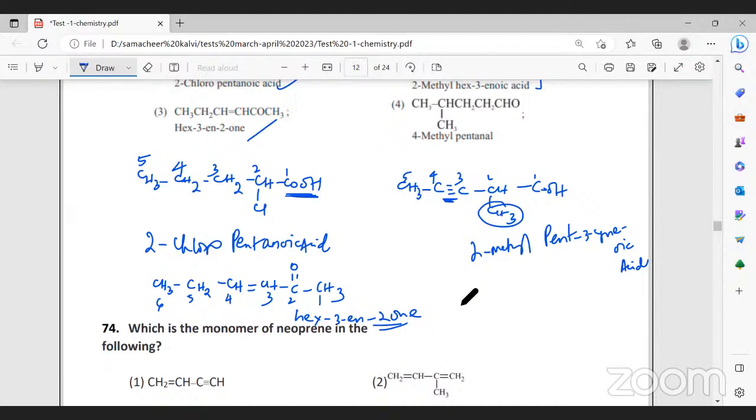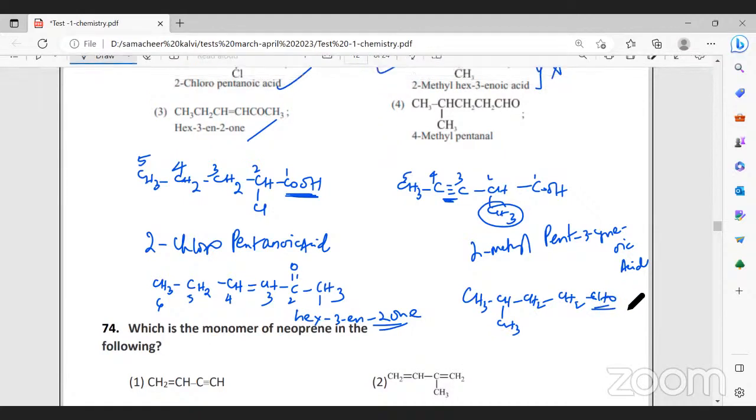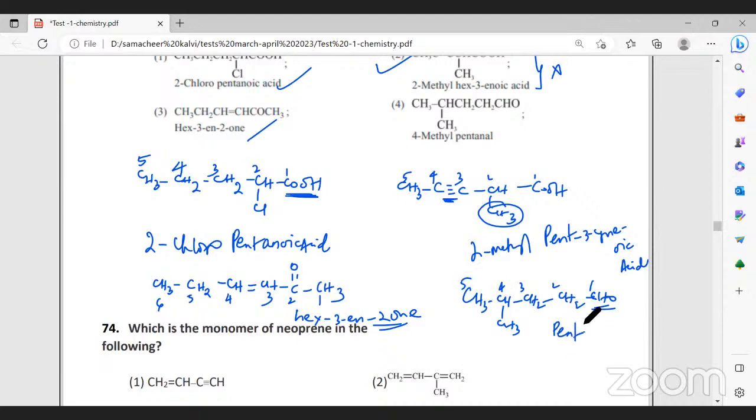And here, the fourth option is CH3, CH, CH2, CH2, CHO, and we have a CH3 here. This is an aldehyde group. CHO is a functional group. It has to be given the preference. So 1, 2, 3, 4, 5. 5 carbon atoms, therefore the root word is pent.